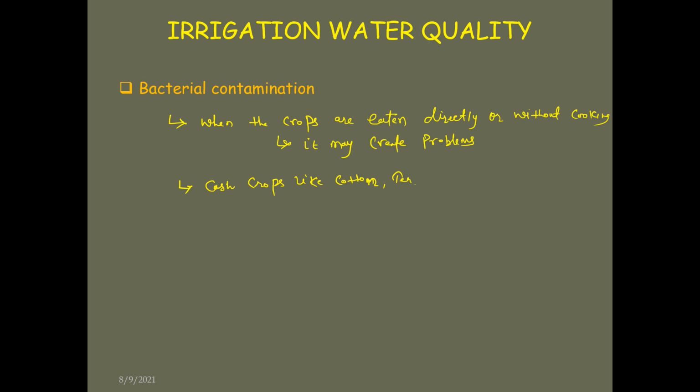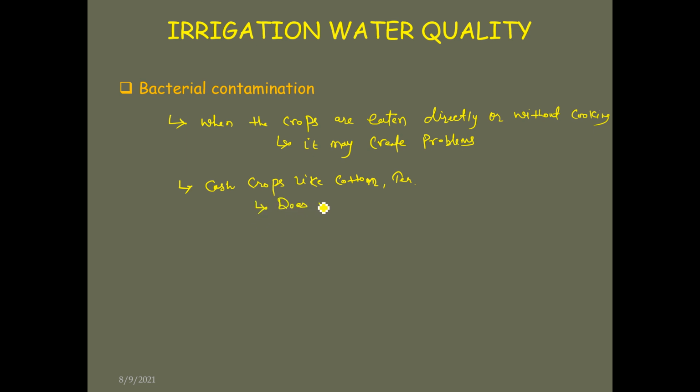Cash crop means the crop first goes to the industry for processing, like cotton and tea, and after processing it comes to the market for us or for cooking purposes. So in the processing of that cash crop, the bacteria problem is minimized.